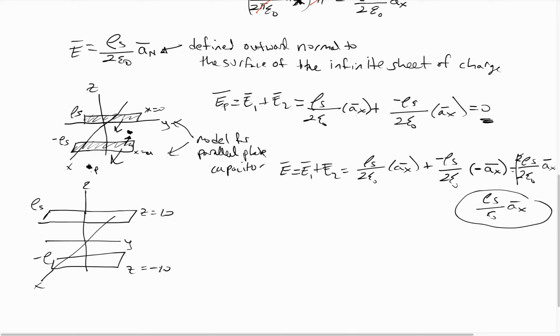So infinite plate parallel capacitor, and then we find the electric field, say right here. And so we just say electric field is equal to E1, and we'll call this E1. This is plate 1, this is plate 2, and so E1 plus E2.